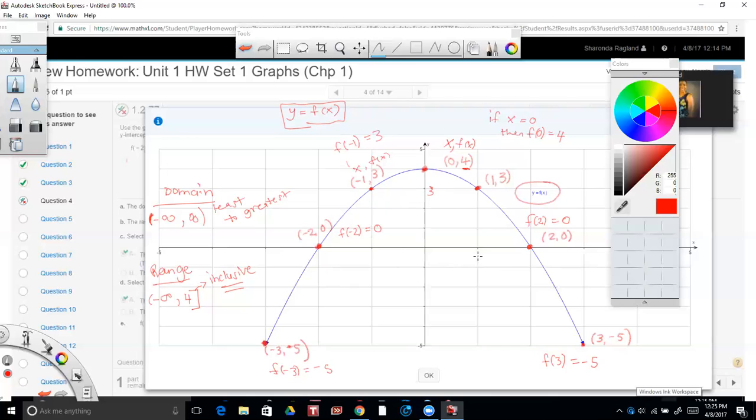This is a 1, this is -1, this is -2, this is 2. And so f of 2, when x is 2, the corresponding y value is 0. When x is 3, go to your graph, the corresponding y value is -5.